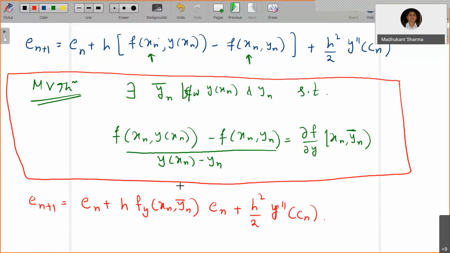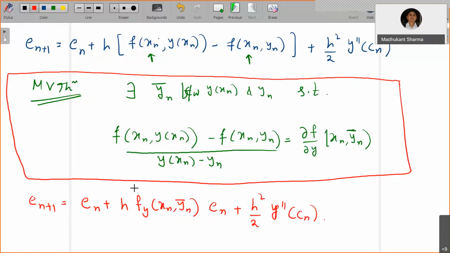Now, as already mentioned, we are looking for a scheme which is going to converge to the root, or in other words, which is going to give you a better approximation at the end. So we definitely require that the error remains bounded.